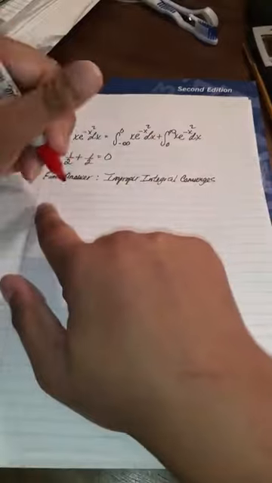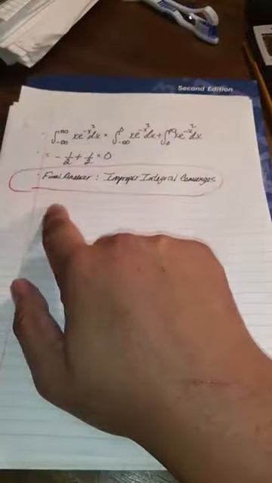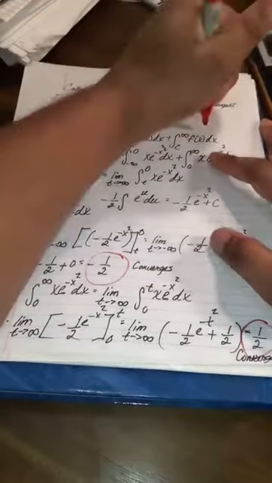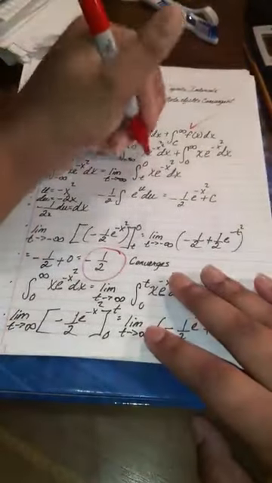So these types of integrals you'll learn about in Calc 2. You don't spend too much time on them, but you can spend some significant time on them. So if you're in Calc 2, you'll probably see these briefly.